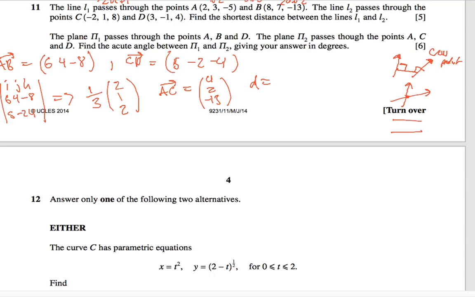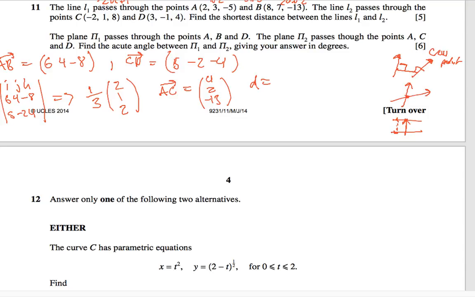This is looking at it from above. Say this is the shortest distance between them. The vector you just figured out points in this direction. If you take any two points on the lines and take the dot product with this vector, that will give you this perpendicular distance. So it's a bit of a thinker. If you can't really visualize it, don't worry.